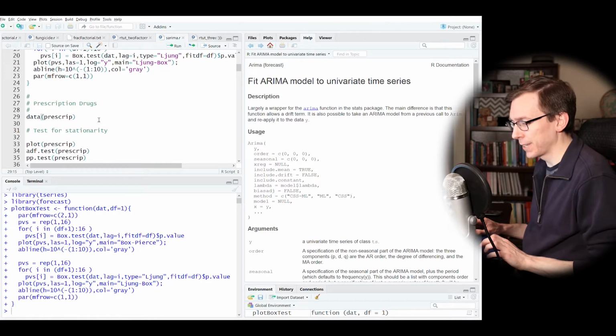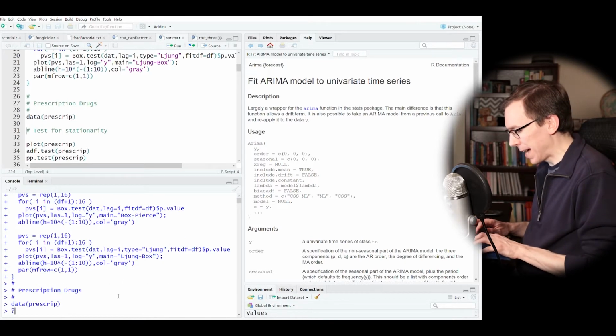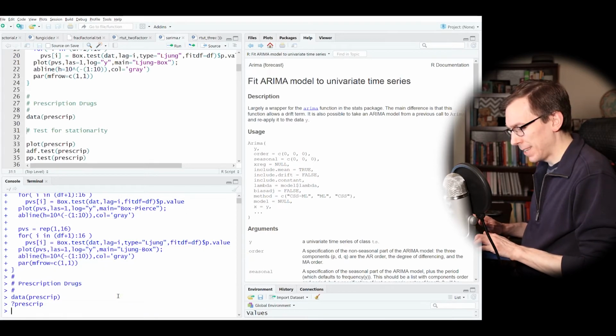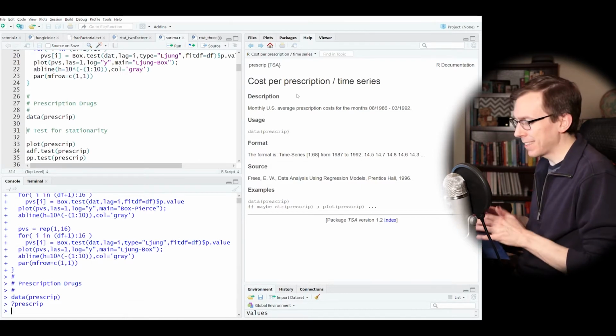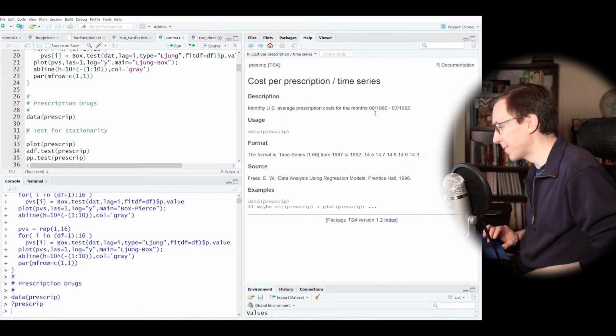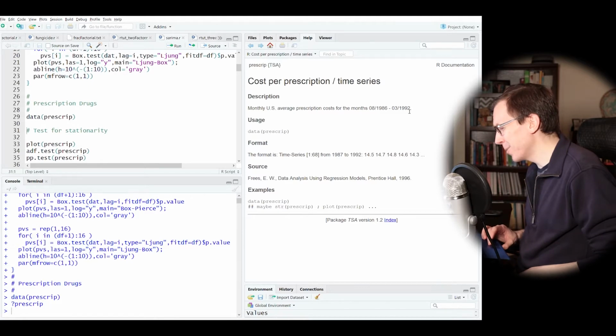Okay, so most importantly, we're going to load in this prescription drug data set. If we go back and look at the manual page for it, we have the cost per prescriptions time series, the monthly US average prescription cost for the month of, it looks like whatever 8 is, which I guess is August of 1986, all the way up to March of 1992.